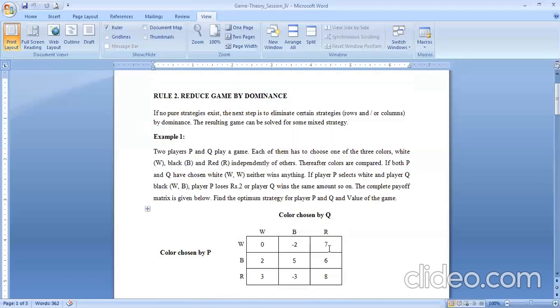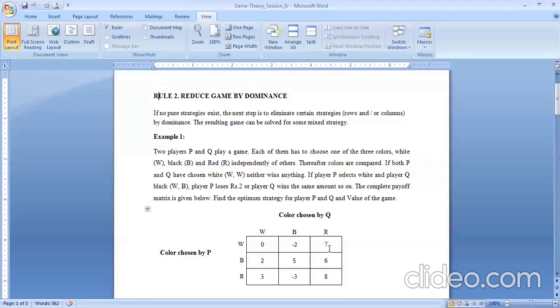Dominance means, suppose you are considering player A or player 1, whose strategies are the rows. As we know, the game is always biased in favor of player 1 and biased against player 2.